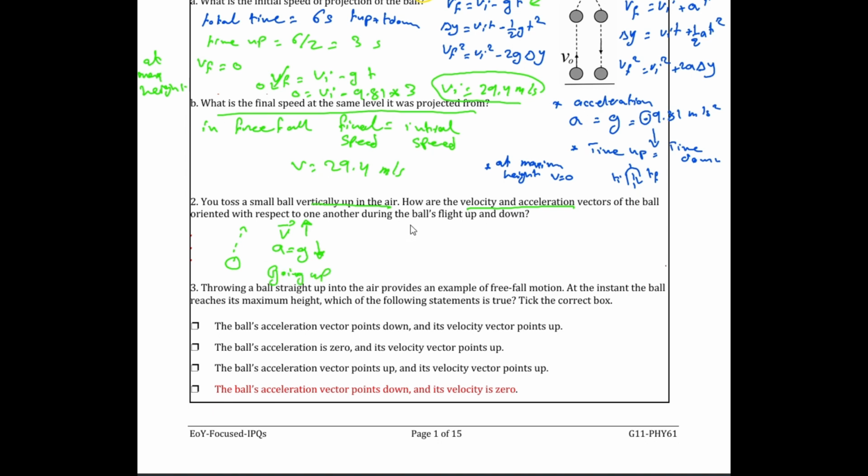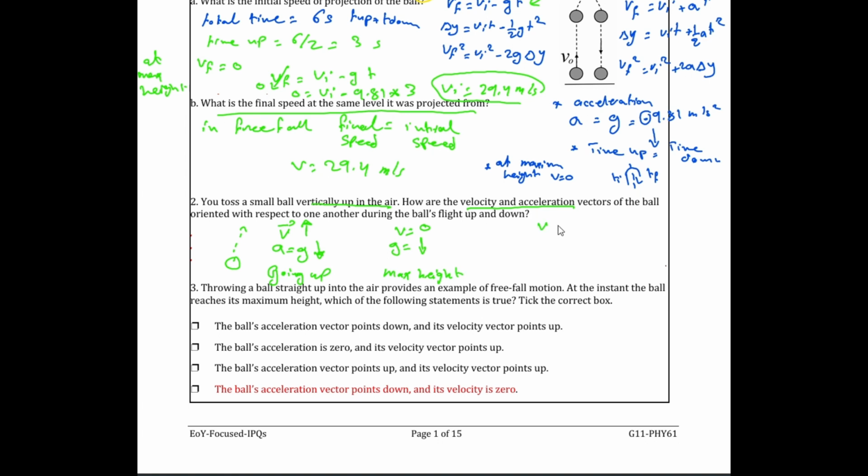At maximum height, velocity, as we said before, should equal 0, but the acceleration g is downwards and has a value all the time, which is 9.81.